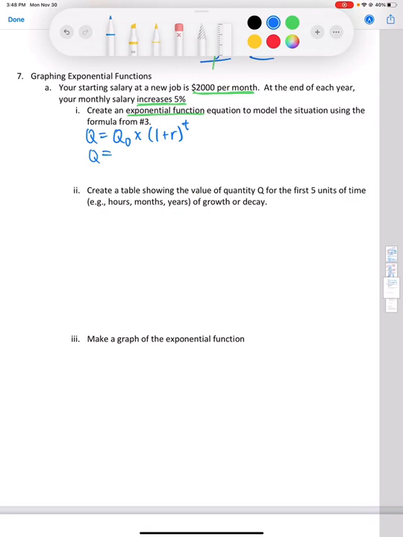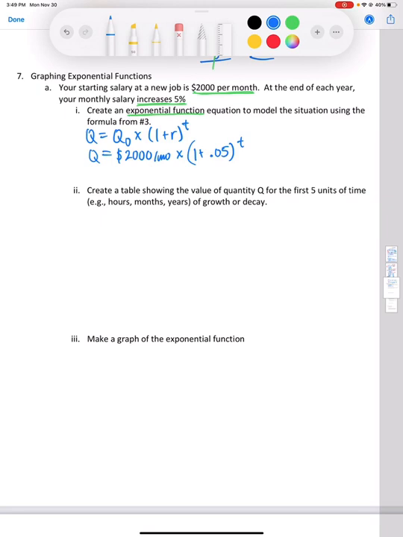Now Q sub 0, or the initial value, Q naught, is $2,000 per month. And multiply that by 1 plus R, which is 0.05, to the t. Now t can be anything. We want our function to model the salary at any time, whether it be now, or 1 year from now, or 10 years from now.